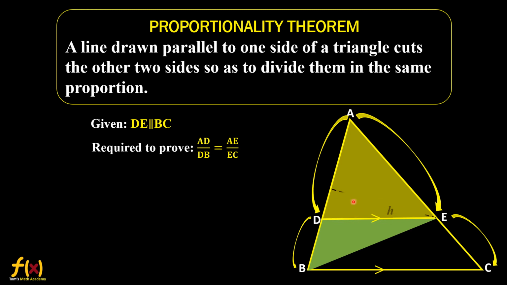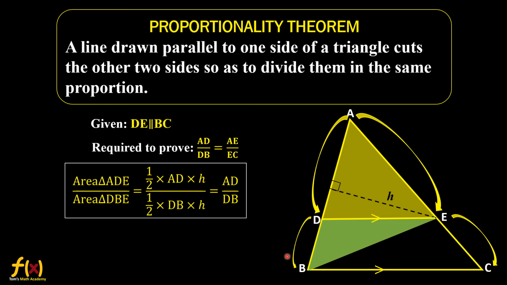What is the height? Height is h for both triangles. You look at the big triangle, the height is from the vertex to the base, 90 degrees. Again, the second triangle, base is DB. Where is the height? It's not inside. It is from the opposite vertex to the base extended. You extend the base and then you have the height here. So these two triangles have the same height.